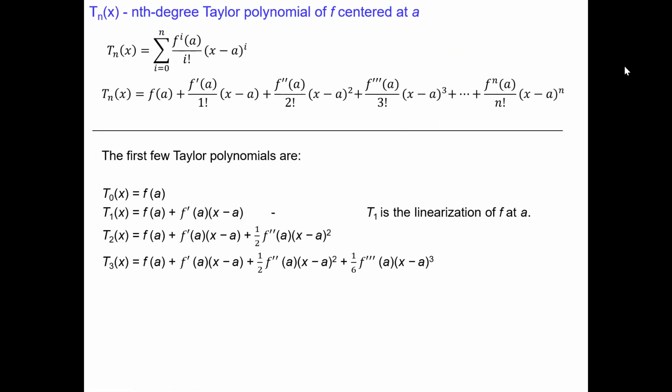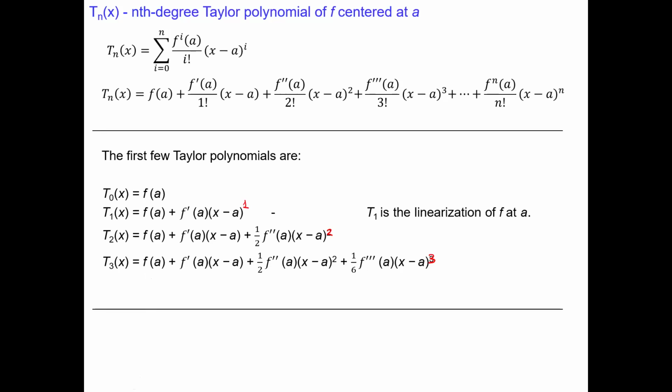That's where we have to stop. Please note first degree, we stop at x; second degree, we stop at squared; third degree, we stop at cube. Of course we can keep working, but this is the Taylor polynomial.